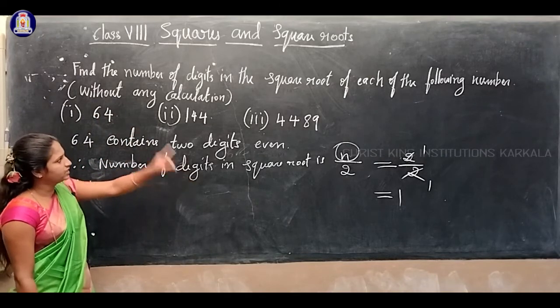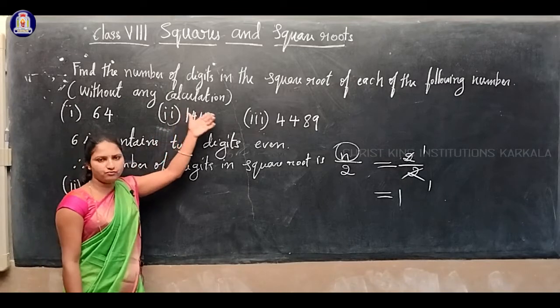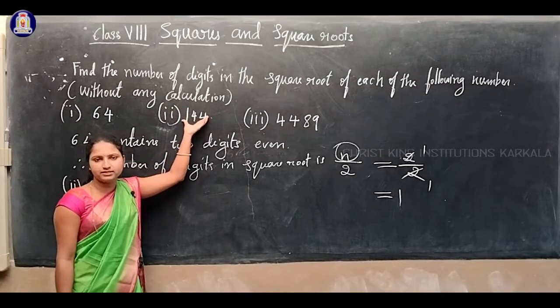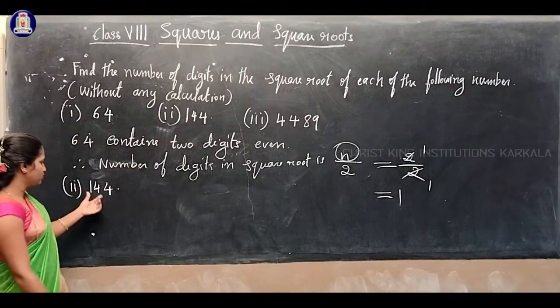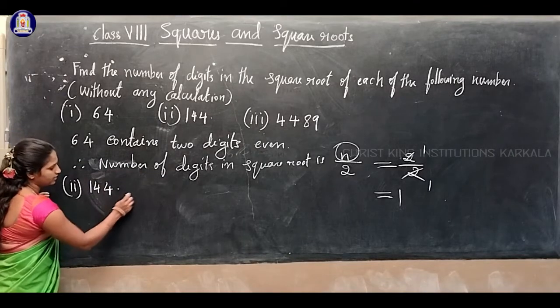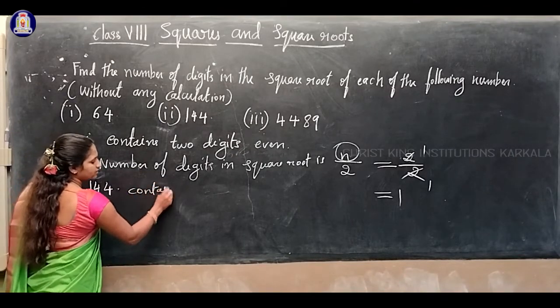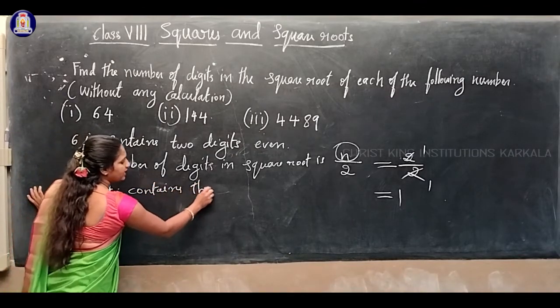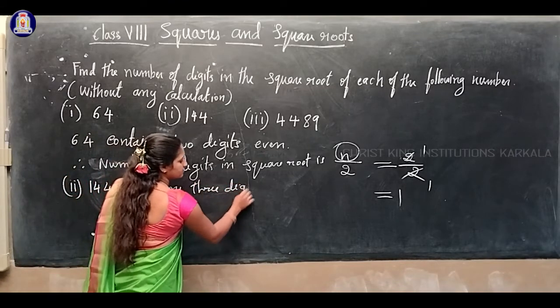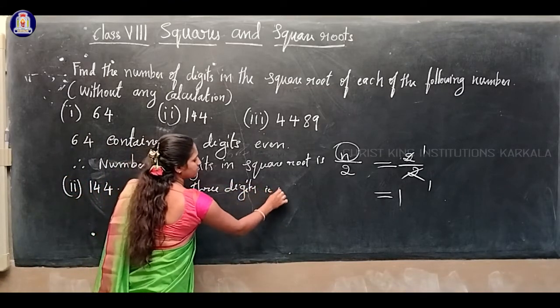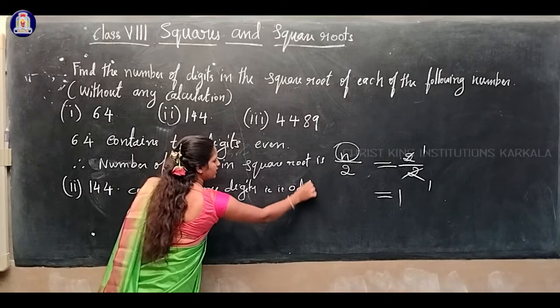Now the second one, 144. How many digits are there in this? There are 3 digits, right? So 144 contains 3 digits, that is odd. Okay, 3 digits means odd.